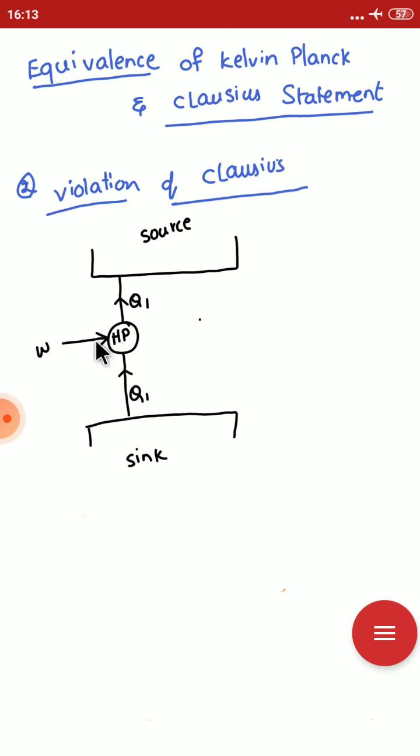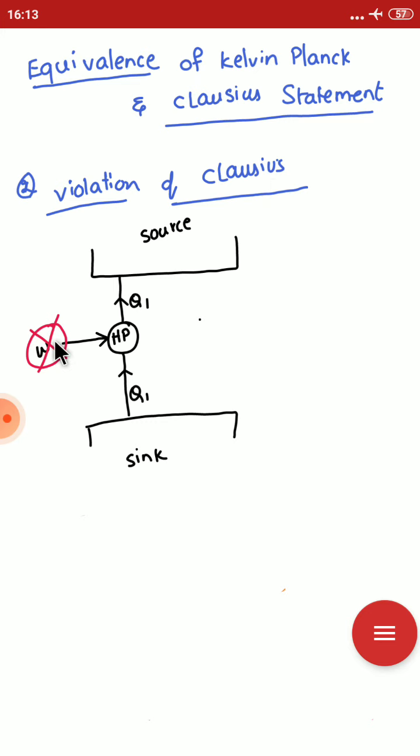If, without any work input, the energy is extracted from the low temperature body and rejected to the high temperature body, that is the violation of the Clausius statement.